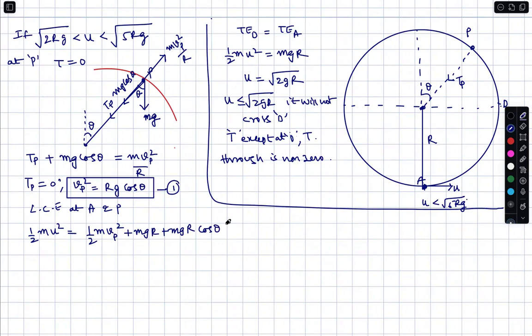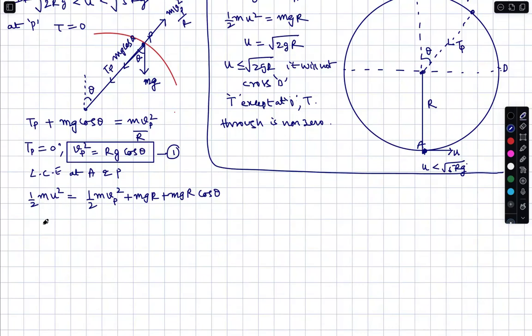I have simply applied the law of conservation of energy. Fortunately, I know Vp square, so half mu square is equal to half mVp square plus mgR cos theta plus mgR, where Vp square I need to eliminate now. This is nothing but Rg cos theta. Clear? Are you sure? Now, m cancels.